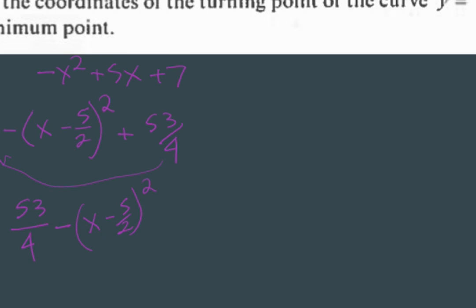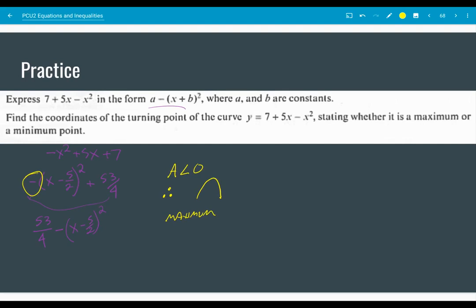So now it says find the coordinates of the turning point of that function and state whether it is a maximum or a minimum. Well, the coefficient here tells us that a is less than 0. So therefore, we open down as a maximum, and we can state the maximum occurs at 5 halves.